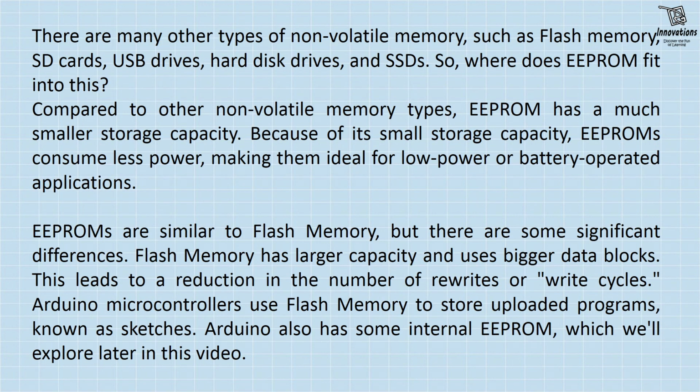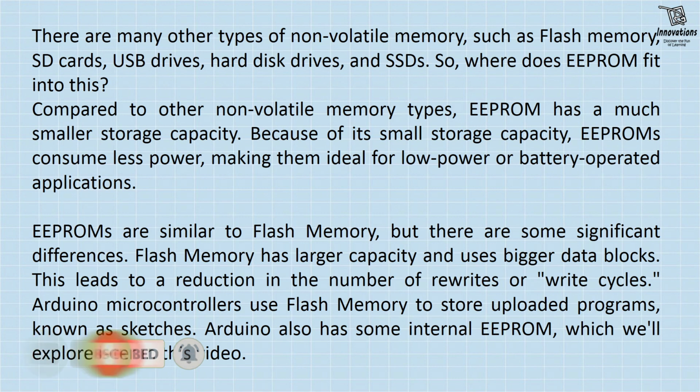There are many other types of non-volatile memory such as flash memory, SD cards, USB drives, hard disk drives and SSDs. So where does EEPROM fit into this? Compared to other non-volatile memory types, EEPROM has much smaller storage capacity. Because of its small storage capacity, EEPROMs consume less power, making them ideal for low power or battery operated applications.